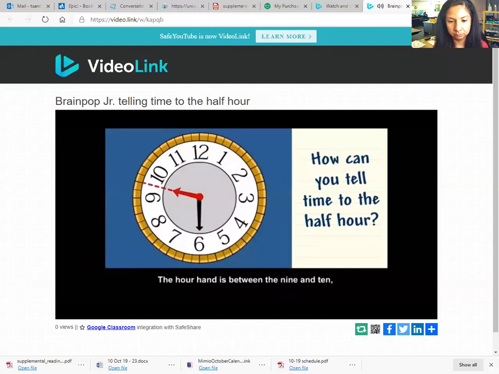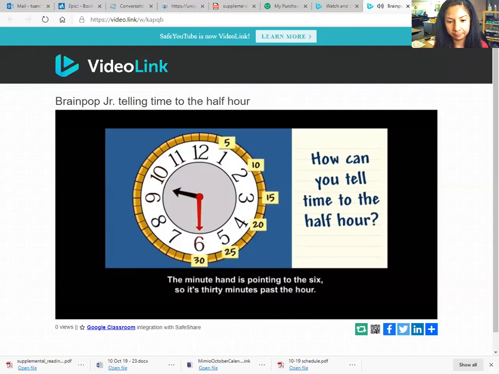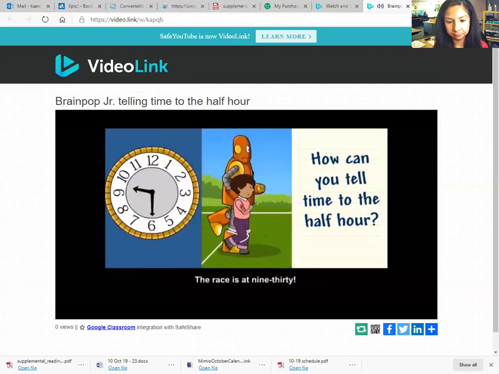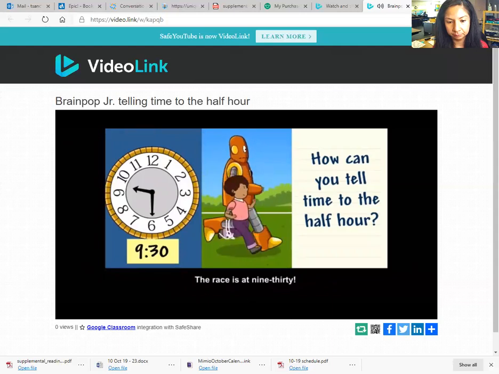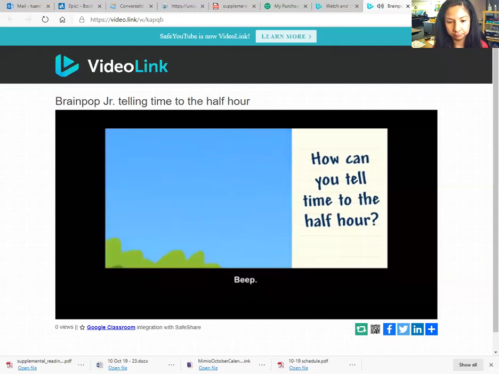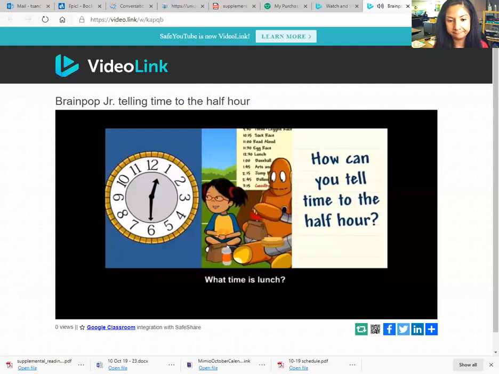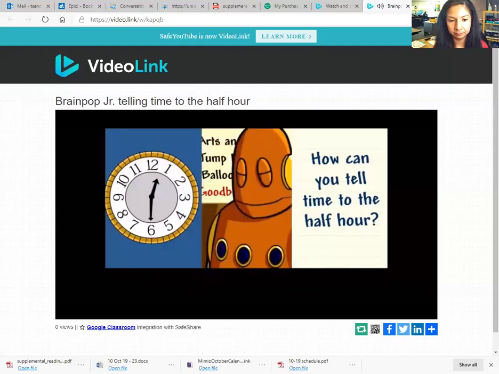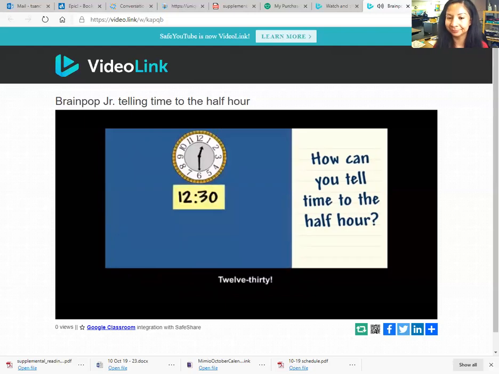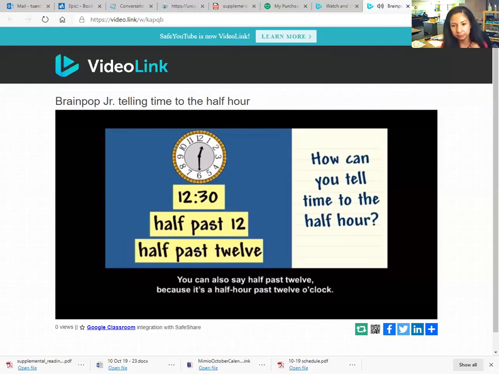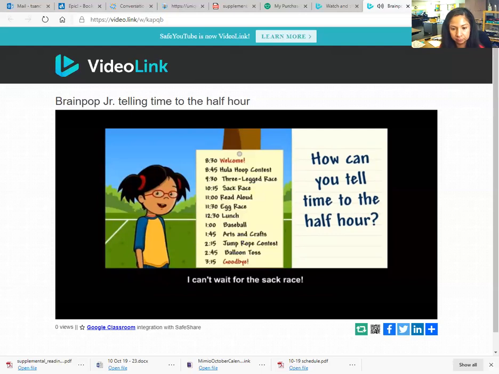The hour hand is between the 9 and 10, so it's halfway between 9 and 10 o'clock. The minute hand is pointing to the 6, so it's 30 minutes past the hour. The race is at 9:30. What time is lunch? 12:30. You can also say 12:30 because it's a half hour past 12 o'clock. I can't wait for the sack race.